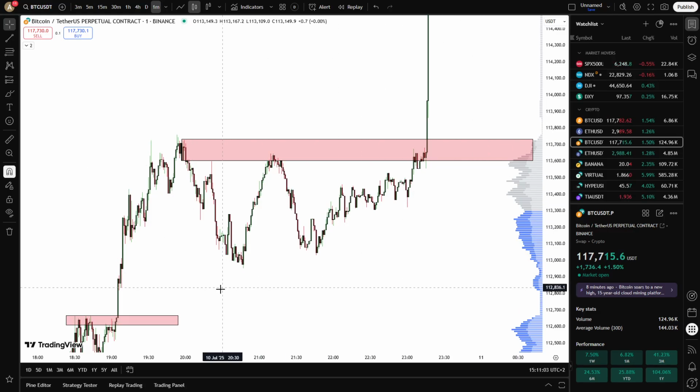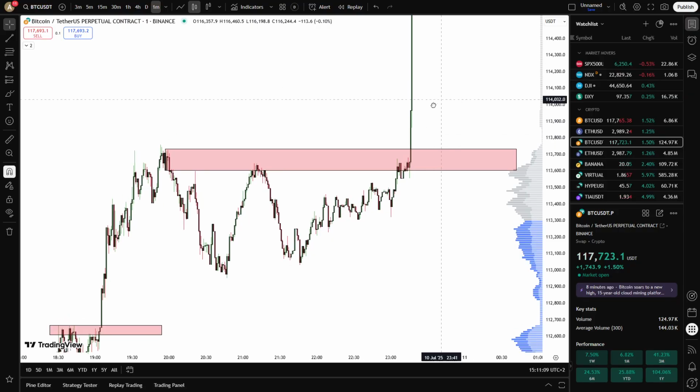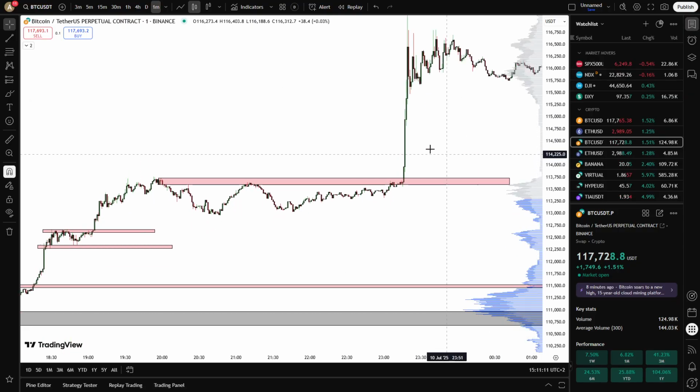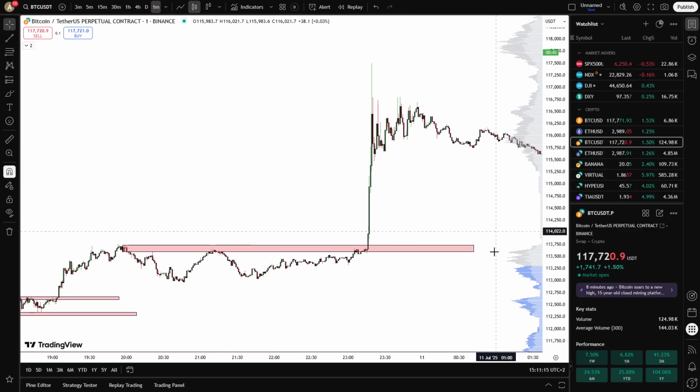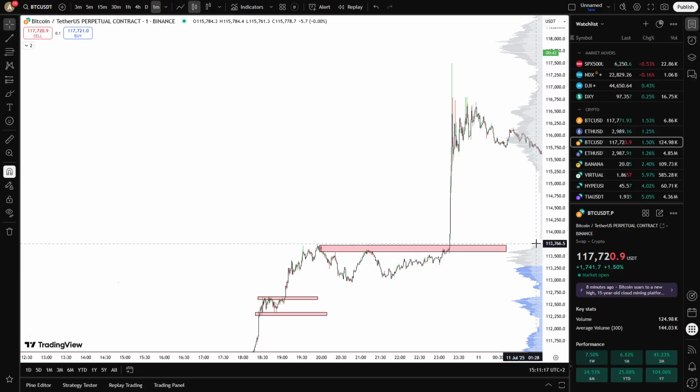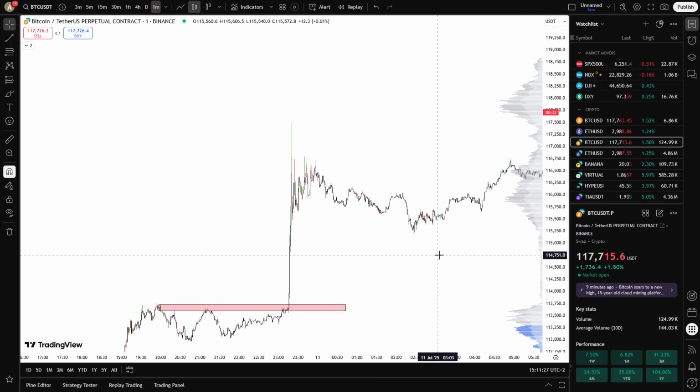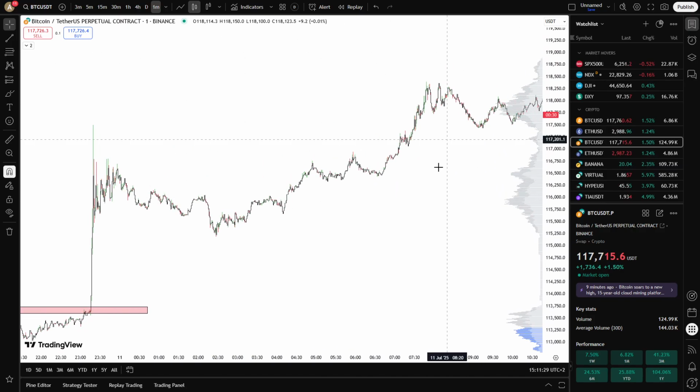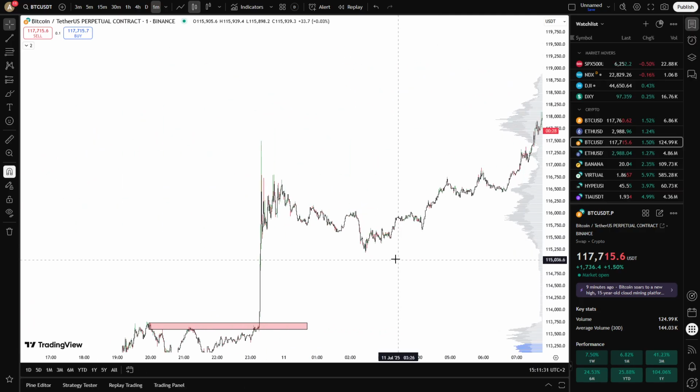And here you make a low, you are unable to push through that low, and you start to grind up slowly again. We get a second impulse again from that logical break point. And what did we do here again? Build value. This is something you wanted to see being held, because otherwise you would expect a rotation immediately into this zone. So from now, we already extended even further.